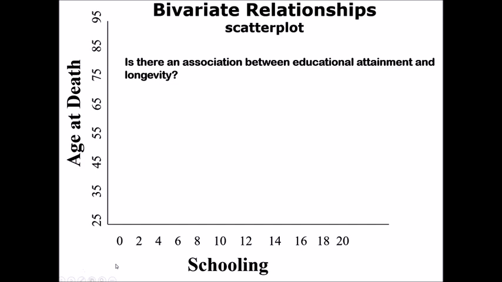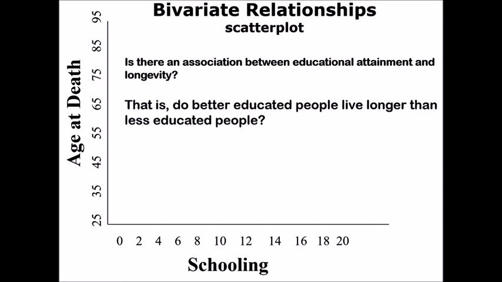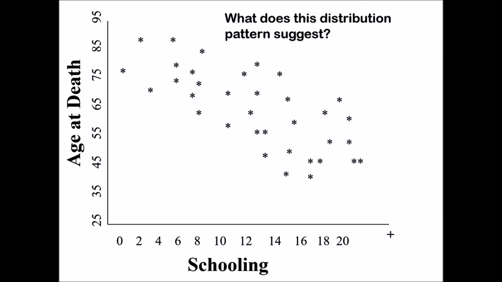Is there an association between educational attainment and longevity? That is, do better educated people live longer than less educated people? Okay, so let's say we get this kind of distribution through our data. Now each of these little stars, if you will, represents a person who has died, and their level of schooling, and their age.